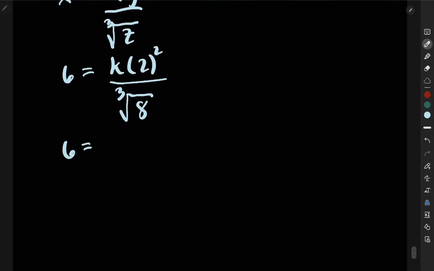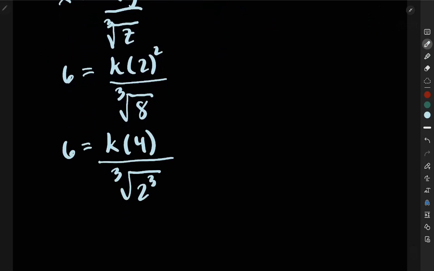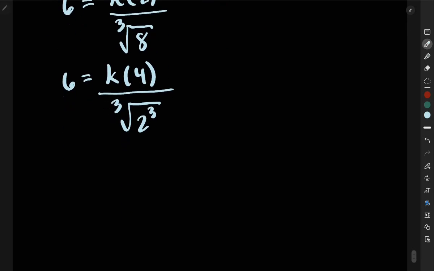So 6 equals, so we'll just copy that and solve the square. 2 squared is 4. While the cube root of 8, since we know that 8 is 2 cubed, 2 times 2 times 2, that's 8. So that means we can get the cube root of 2 cubed. So we can cancel the cube and the exponent. So that means it's only 2 left.